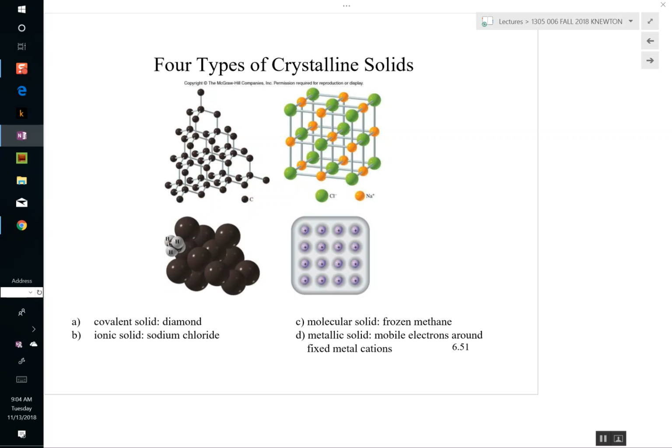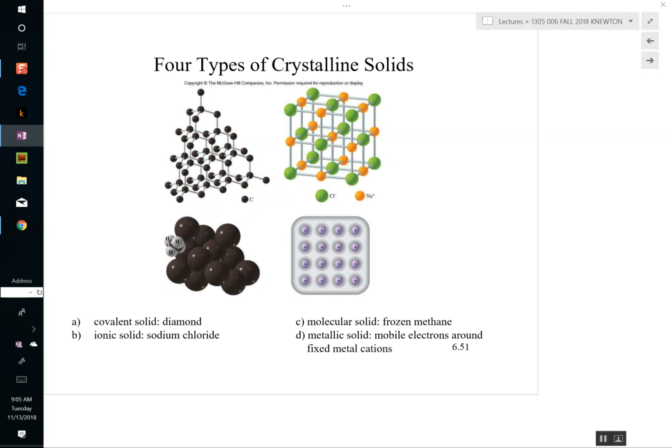Yeah, coal is carbon, but it's not bonded together the way diamonds are. You've got a carbon bonded to 4 other carbons covalently. Very, very strong. An ionic solid, sodium chloride. We've talked about that. Sodium and chloride ions in a crystalline pattern.